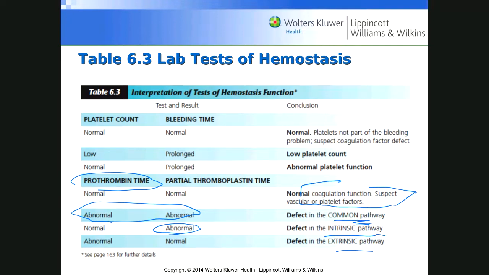Normally it is not found in the blood, but outside the blood vessel. When a blood vessel is damaged, the cells inside the blood come into contact with factor 3, which triggers this cascade called the extrinsic pathway, leading to the activation of factor 10, then prothrombin activator, and then thrombin. Is that clear?